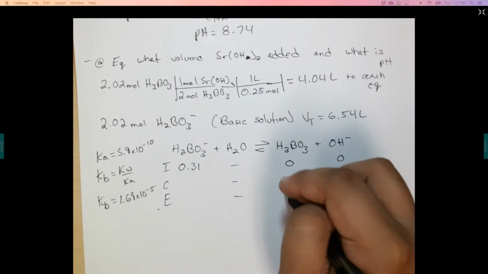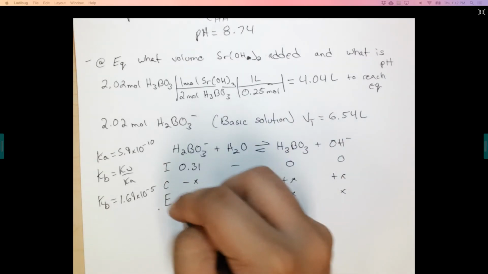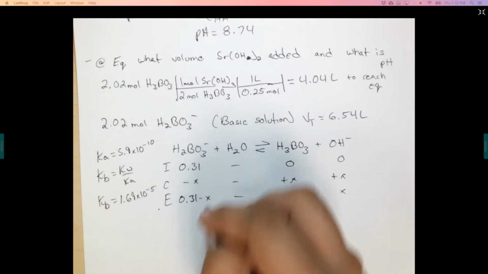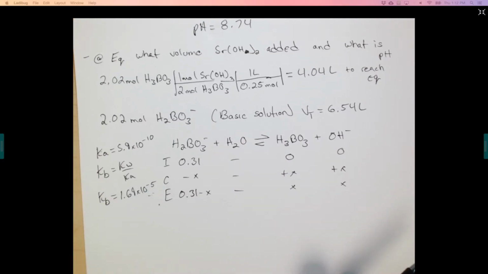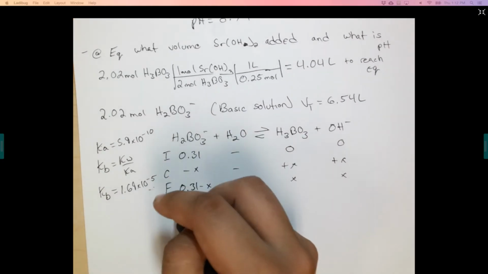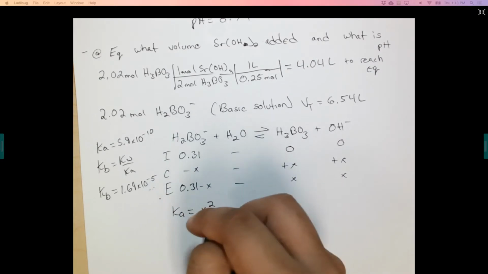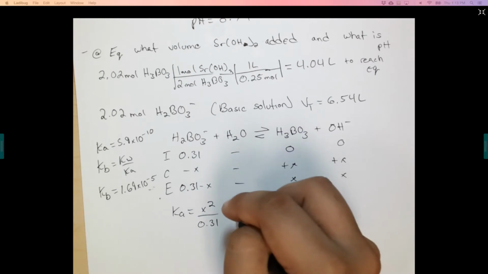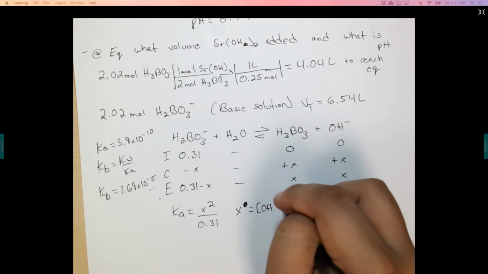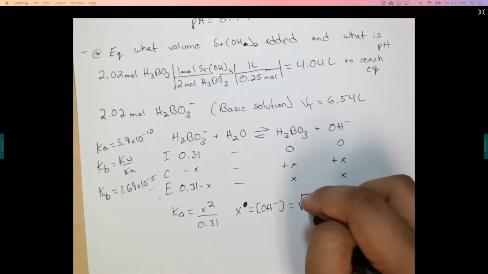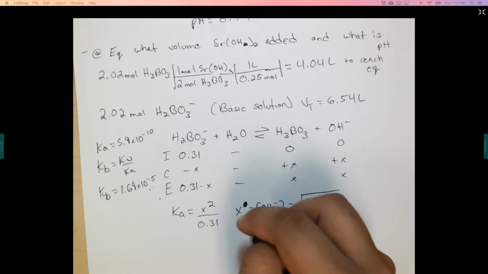0, 0, plus x, x, x, minus x, 0.31 minus x. Remember, we can drop x, generally speaking, when the Kb is so much smaller. So we end up with Kb is equal to x squared over 0.31, and x is equal to the hydroxide concentration, which is equal to the square root of 0.31 times Kb.